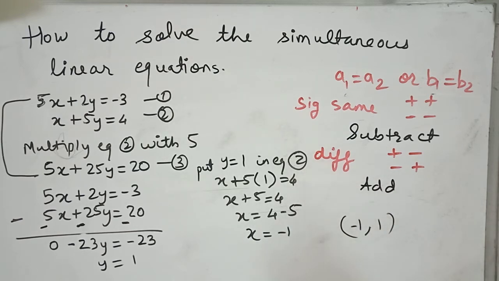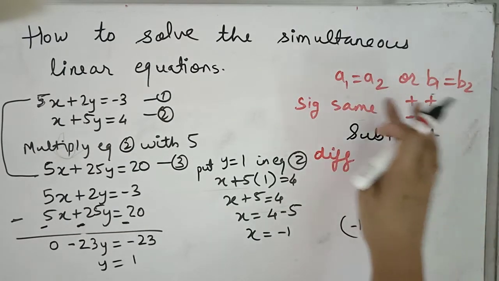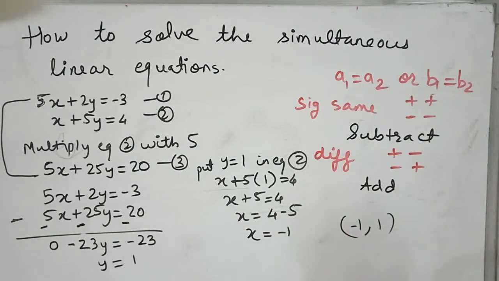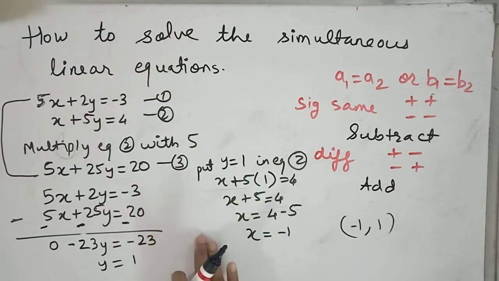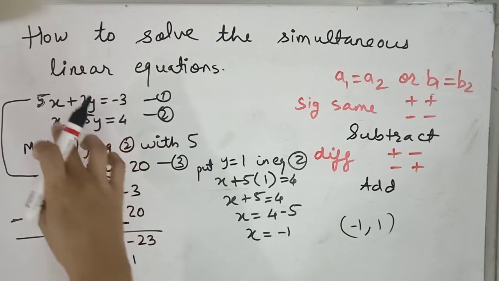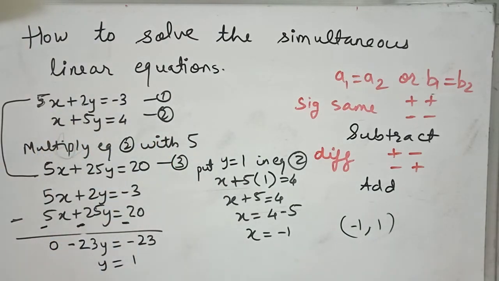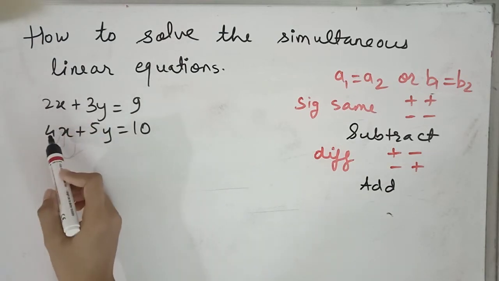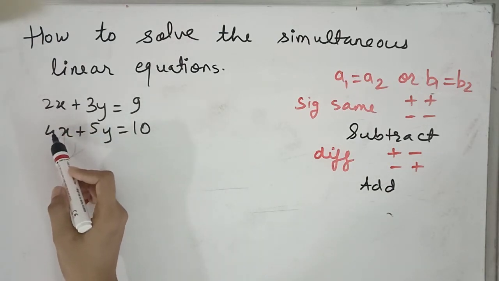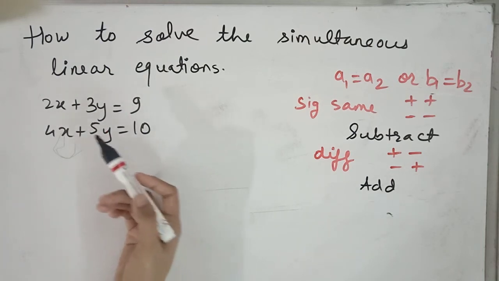You have to make sure that either a1 and a2 or b1 and b2 are equal. For that we can multiply with any of the numbers so that either the constants of x or y will be equal. Now suppose we have 2 and 4 as a1 and a2, and b1 and b2 are 3 and 5. They are not equal.